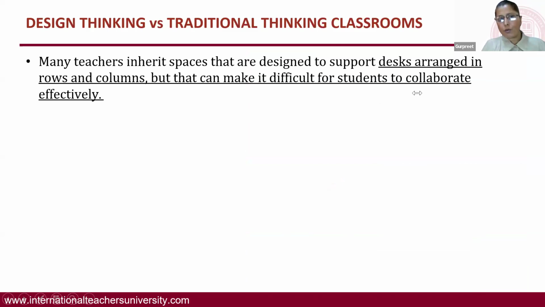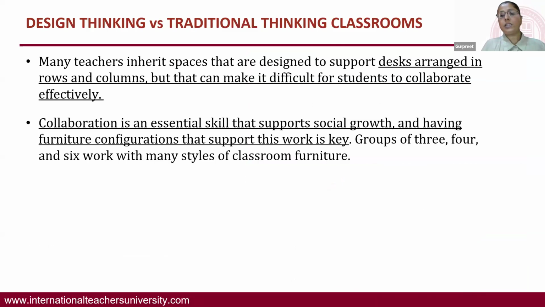Desks arranged in rows and columns make it difficult for the students to collaborate effectively, and hence it's a teacher-centered approach, whereas collaboration is an essential skill that supports social growth, and having furniture configurations which support collaboration is the key factor here.